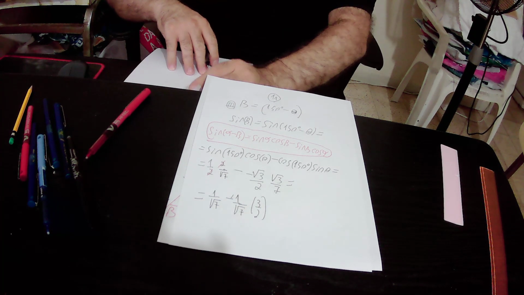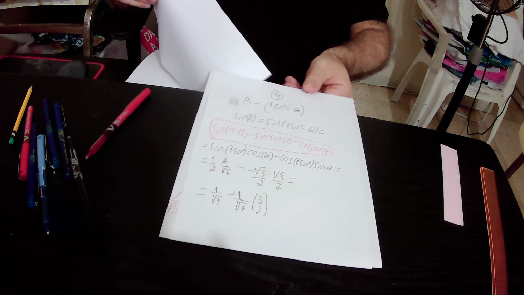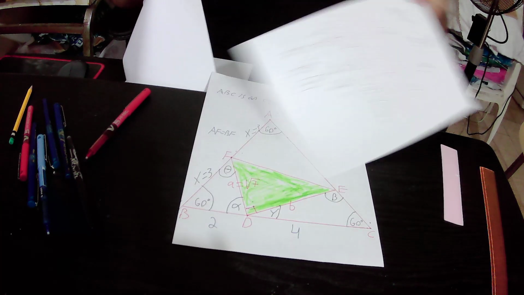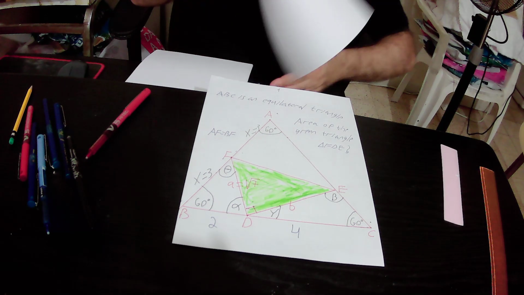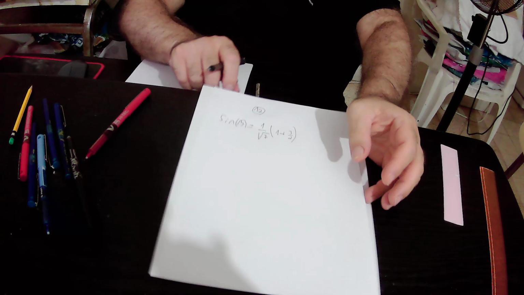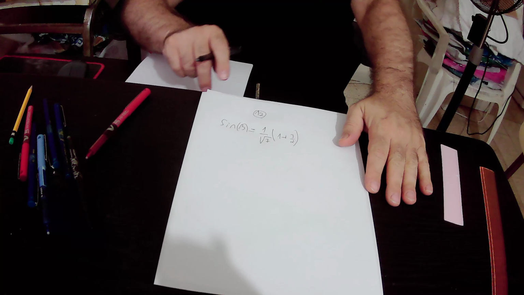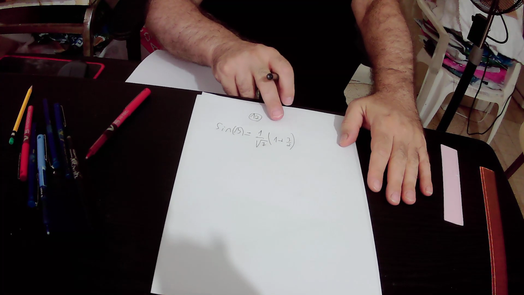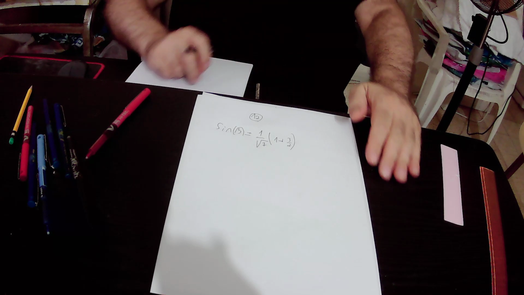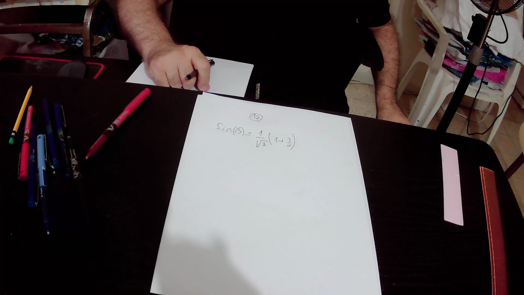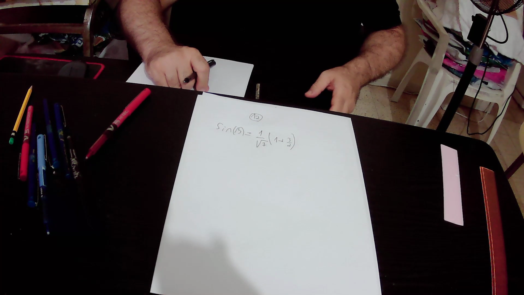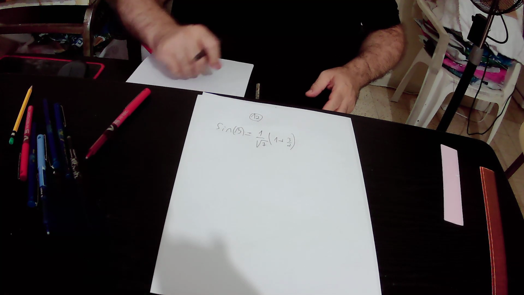Okay, so we found out that the value of sinus beta is 1 over root 7 times 1 plus 3 over 2. 1 plus 3 over 2 is 2.5, and 2.5 is 5 over 2. Okay, so I will write it down.